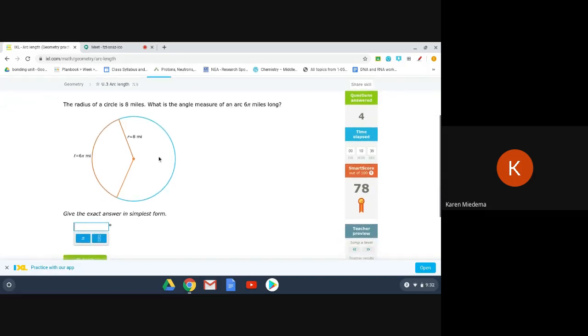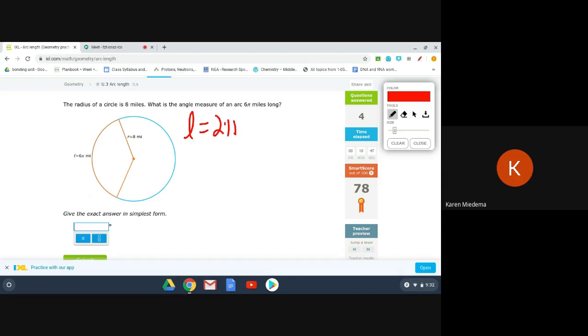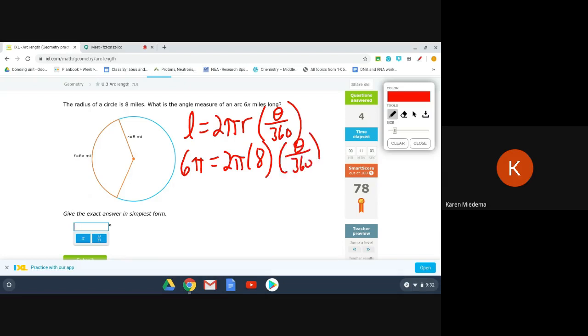Okay, I'm going to go ahead and do one more for you. The arc length equals 2 pi r times theta over 360. They told me that the arc length is 6 pi, so 6 pi equals 2 pi times 8 for the radius times theta over 360.